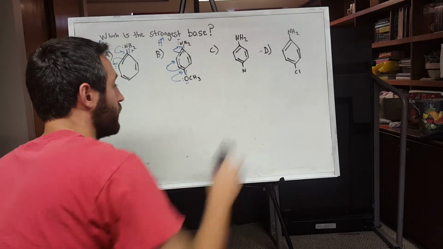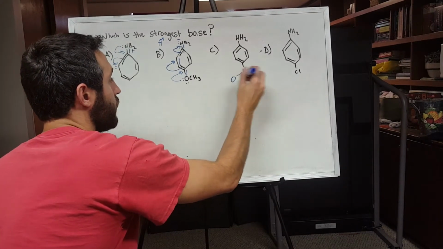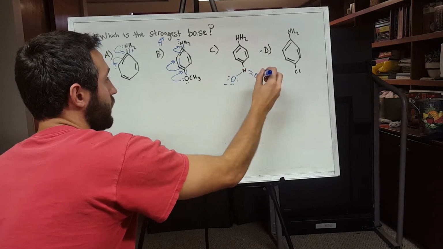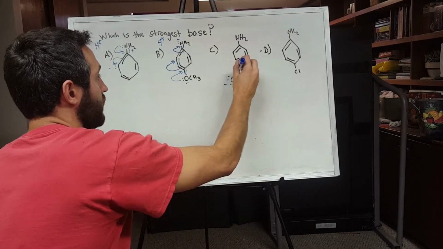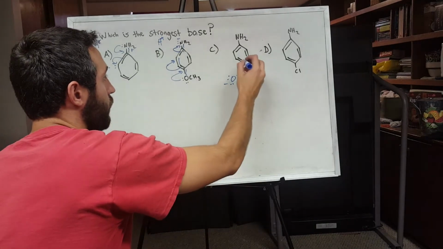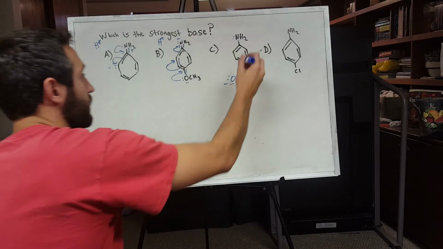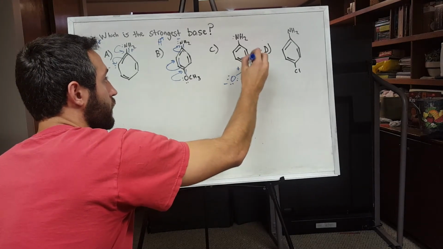So this guy, NO2, what does it look like? The easiest way to draw it, O minus, N plus here. This guy is going to make this more positive, because it's going to go here, here.